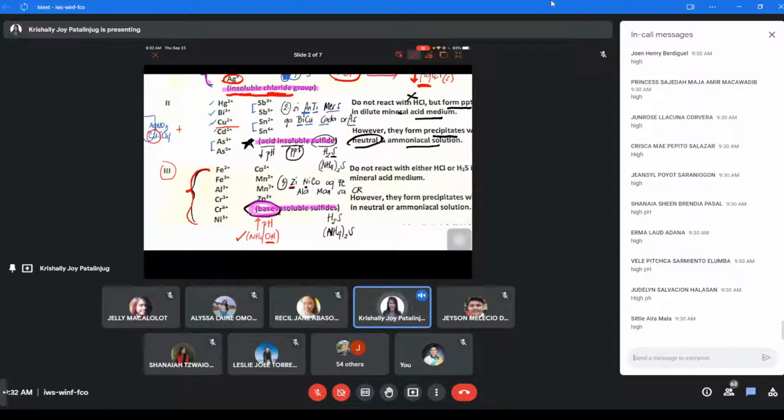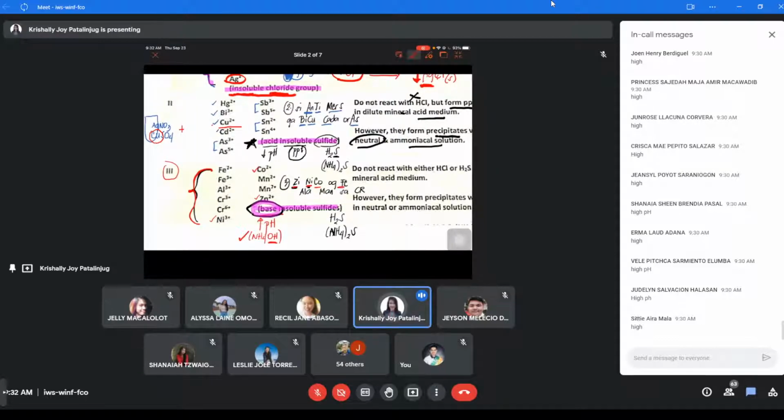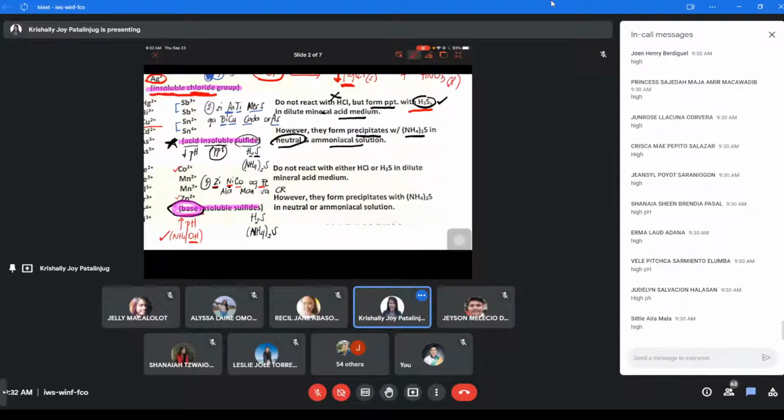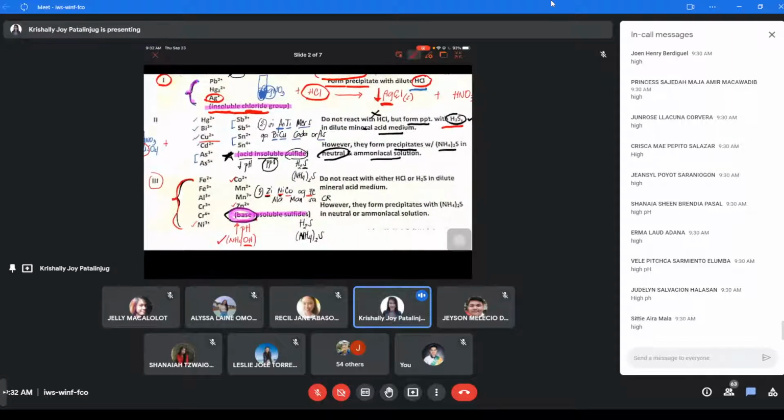Z for zinc, Ni for nickel, Co for cobalt, Fe for iron, Al for aluminum, Mn for manganese, and Cr would be chromium.